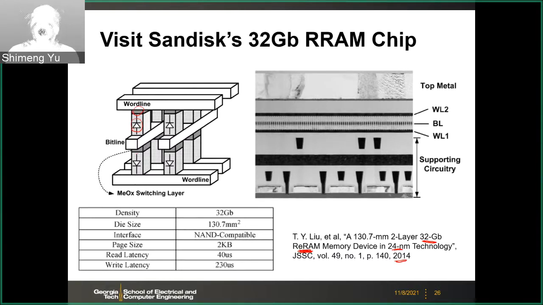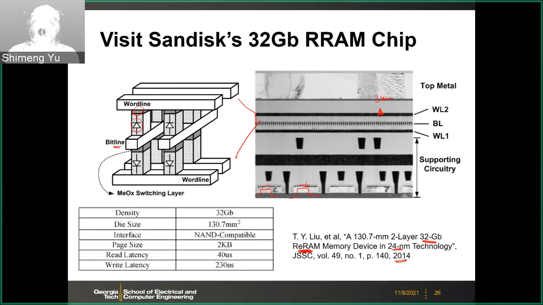If you look at the cross-sectional view, this part is a two-layer cross-point, with a shared bit line and two word lines. The half pitch is 24 nanometer, so it's pretty small. This is on top of those peripheral circuits. You can see the transistors here are pretty large.